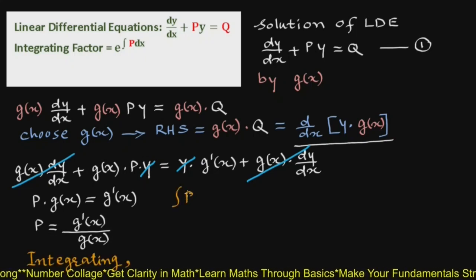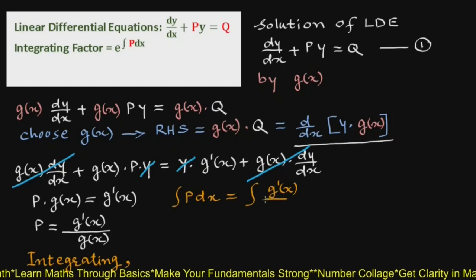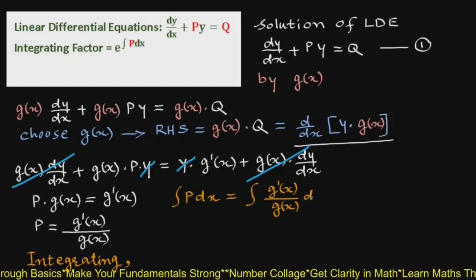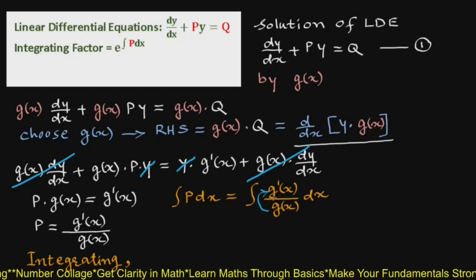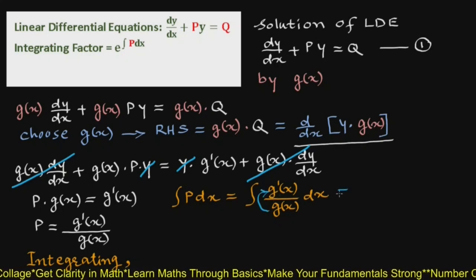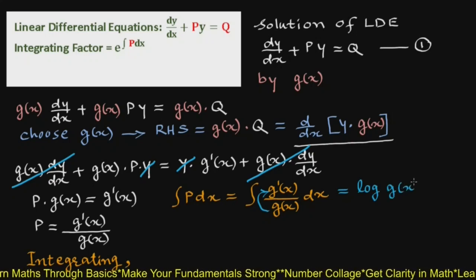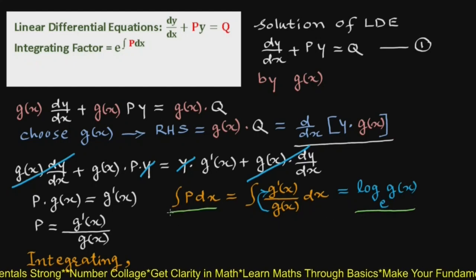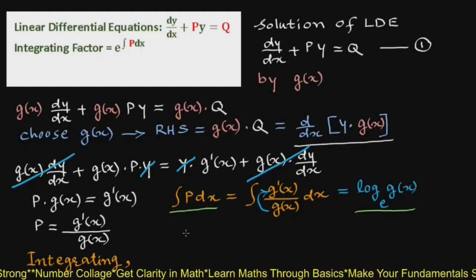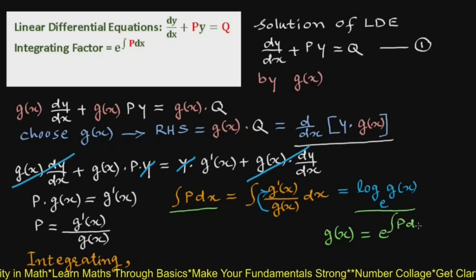Integrating, integral p dx equals integral g dash x upon g(x) dx. Derivative of denominator g(x) is in the numerator. Therefore, this integral will be log of denominator, that is log g(x) to the base e. Writing this logarithmic form in the exponential form, g(x) equals e raised to integral p dx.